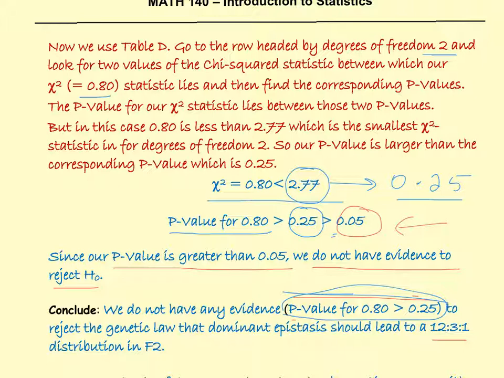Now, we follow this up with more analysis of the chi-squared components to make further conclusions, but the chi-squared test can only give us this one conclusion, that we have no evidence against the null hypothesis.